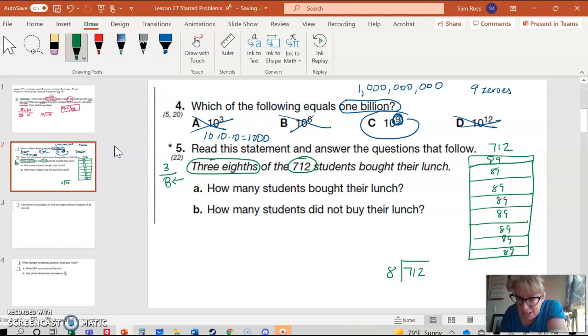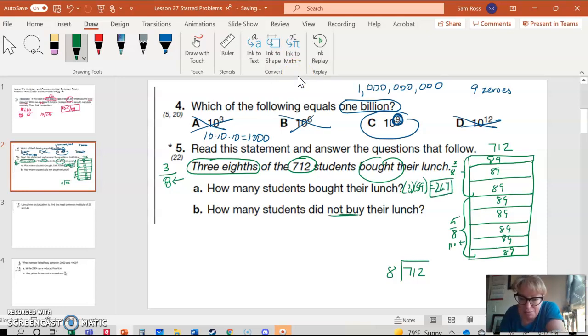And this is 3/8, so we know that this much, 3/8, brought their lunch, which means that this many, or 5/8, did not. Right? So let's see, how many students brought their lunch? Well, it's 89 plus 89 plus 89, or 3 times 89. Using the handy dandy calculator, 267.